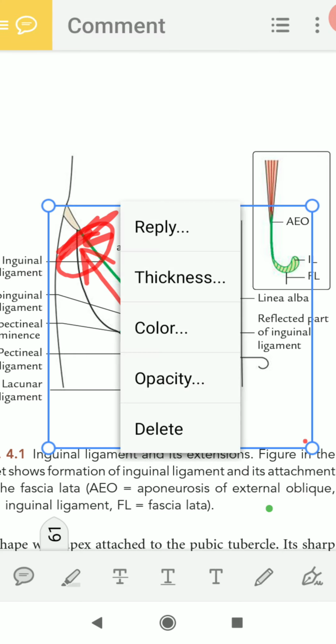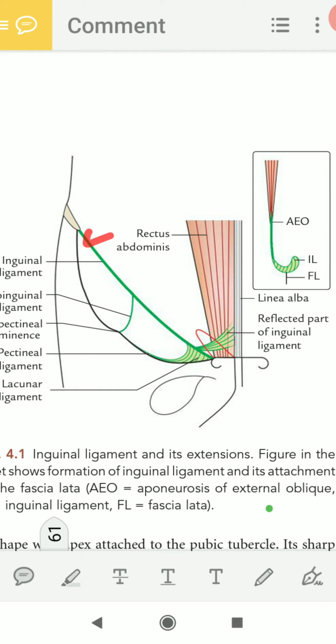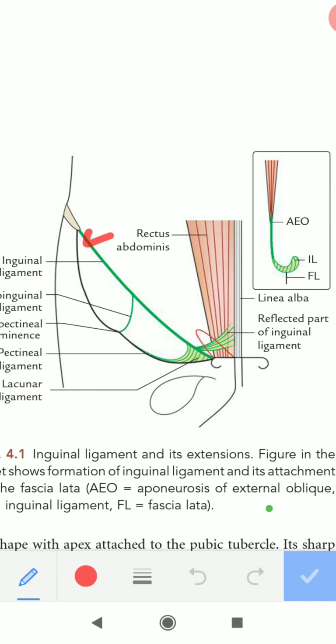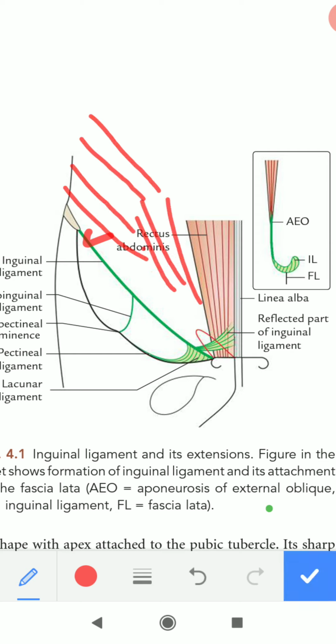While we studied the muscles of the anterior abdominal wall, we know in the third layer of the anterior abdominal wall, that is the external oblique muscle with its aponeurosis. The aponeurosis of the external oblique abdominis muscle folds backward and becomes thickened and forms a ligament.